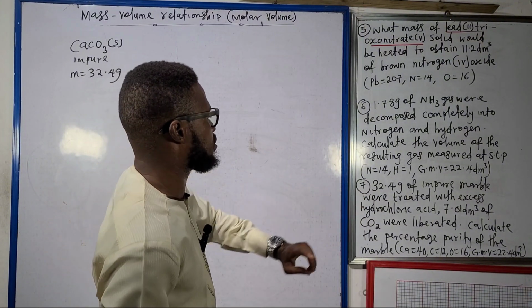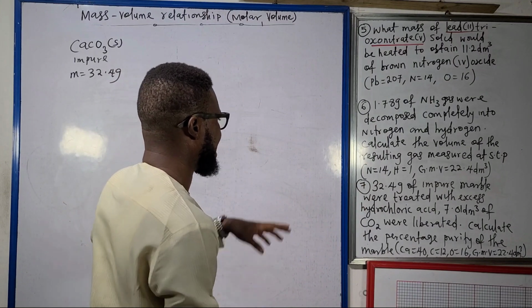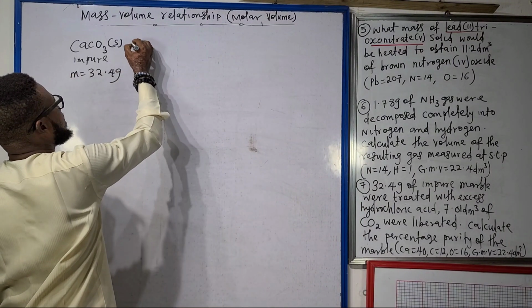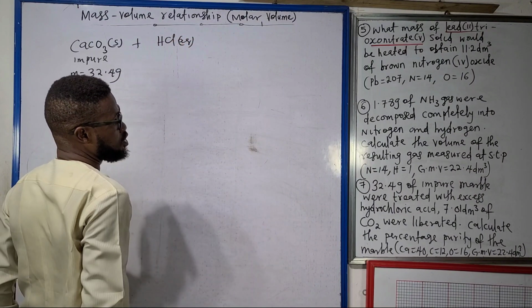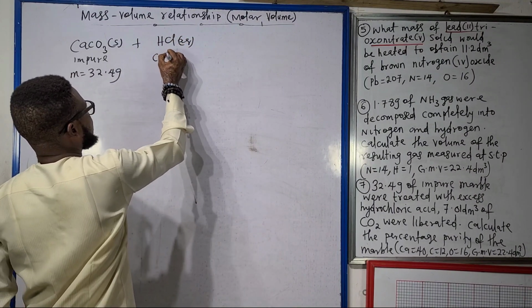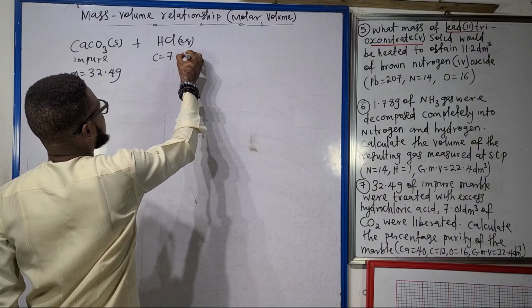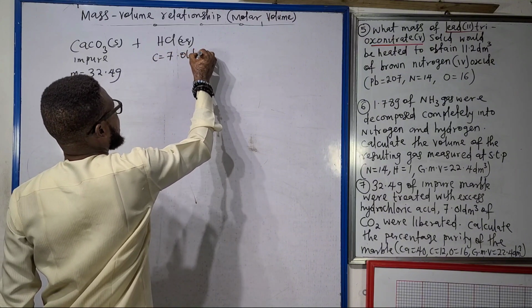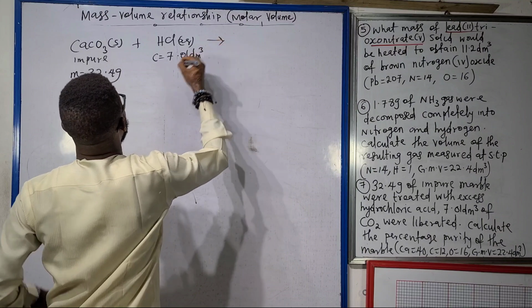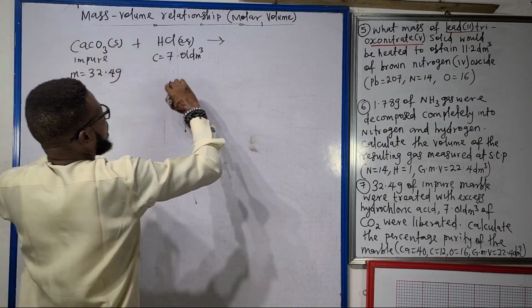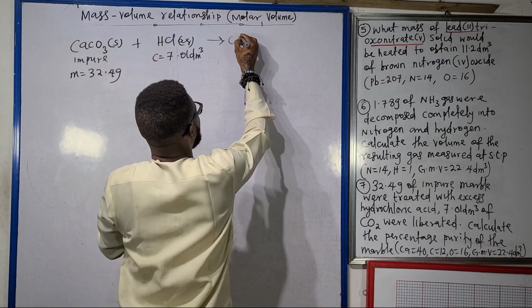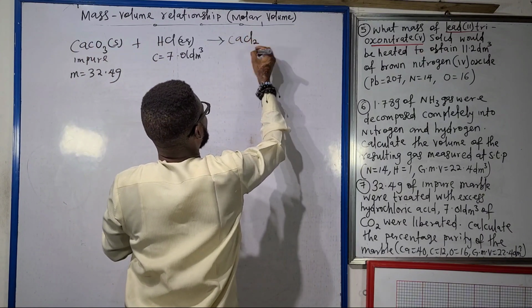So 32.4 grams of impure marble were treated with excess hydrochloric acid, plus HCl aqueous. But for the HCl, we were told that the concentration is 7.01 dm³. Okay, once we have this, this will react with this. I'm going to be talking about calcium chloride, CaCl2.